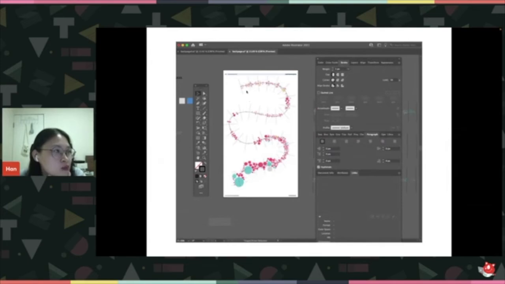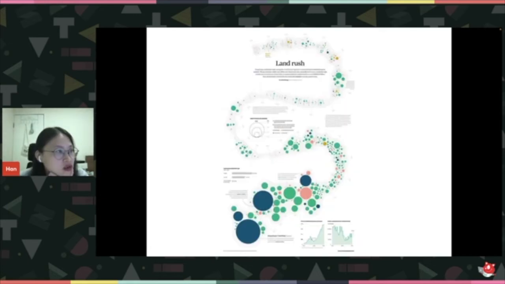And then I used the brush tool of Illustrator to create this little snake shape, because it looks more interesting than just showing it as a line. And after that, this is the final version of the graphic. So it looks pretty easy and straightforward.